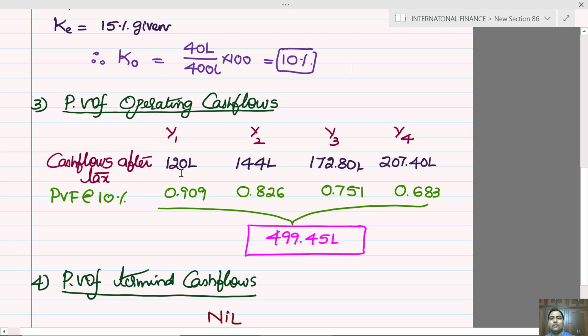That's why in 120 lakhs, I have deducted 1 year interest at the rate of 10%. From this 144 lakhs, I have deducted 2 years interest at 10%. From 172.8, I have deducted 10% interest for 3 years. Similarly, from this 207.4, I have deducted interest at the rate of 10% for 4 years.